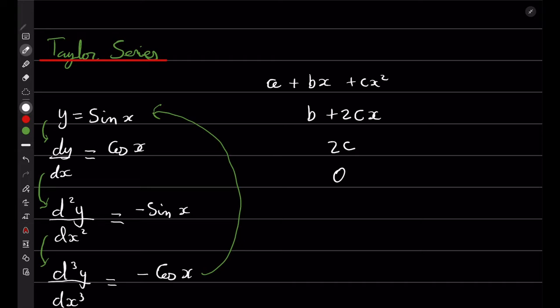So for you to get the perfect graph for y equals sine x in terms of a polynomial, you'll have to have an infinite sum of x terms in increasing order to infinity, because if you don't have an infinite sum, the finite sum will get you to a point where the differentiation is just 0.